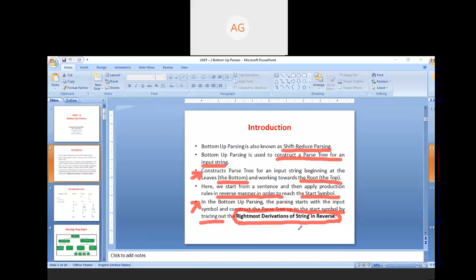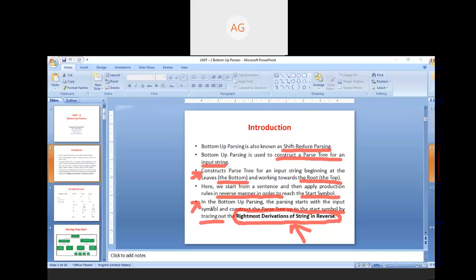The method is rightmost derivation in reverse. In the case of the top-down parser, the method of moving is leftmost derivation, but in this case we are moving with rightmost derivation in reverse. So this is the introduction of the bottom-up parser.